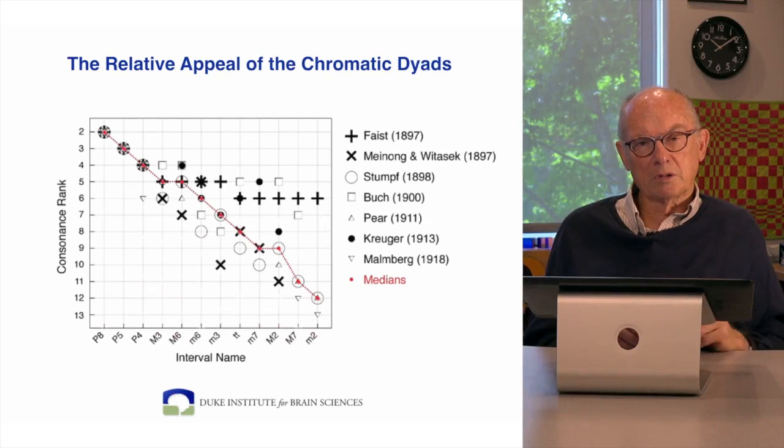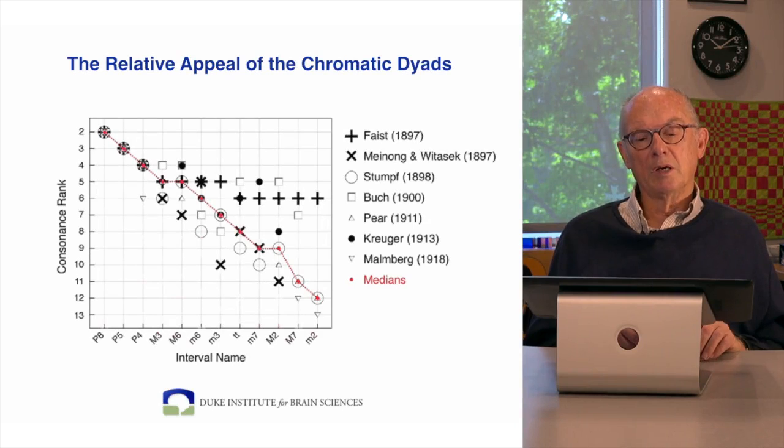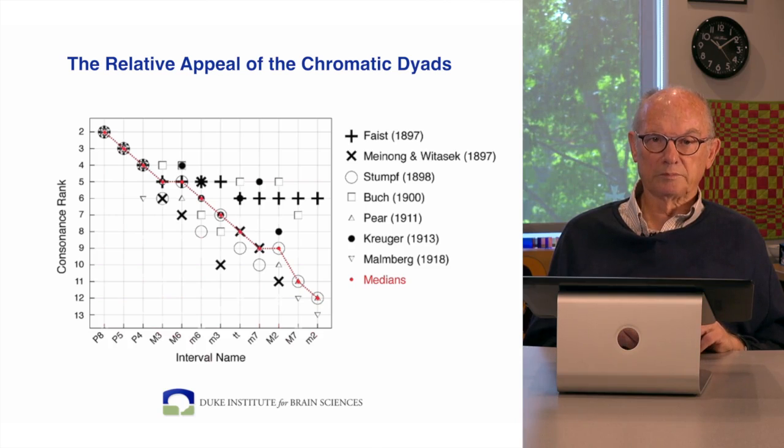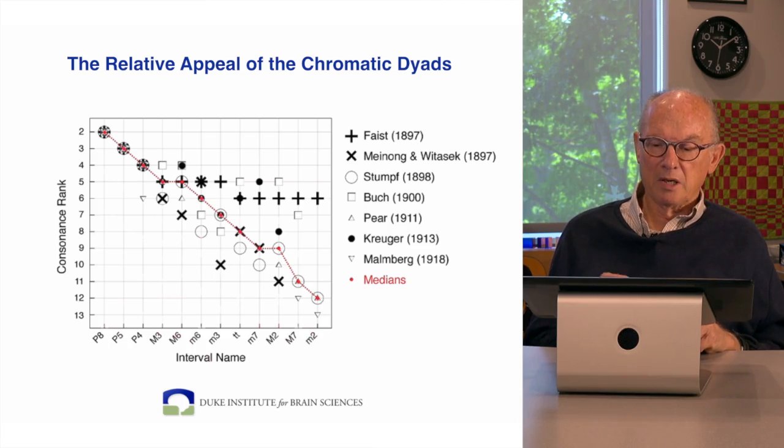So now let's turn to a formal consideration of what consonant and dissonant tones are in terms of their ranking. This is something that goes back a long way, demonstrating the relative appeal of chromatic dyads.